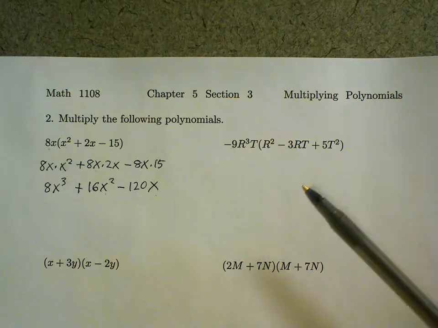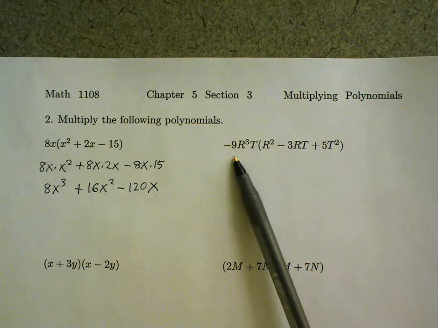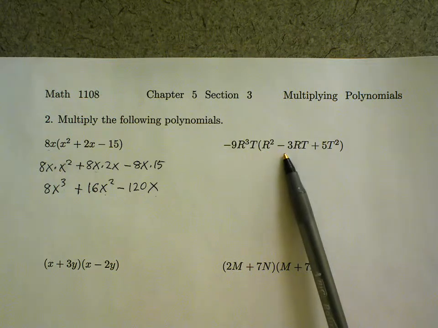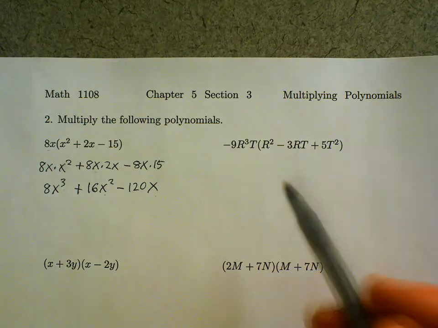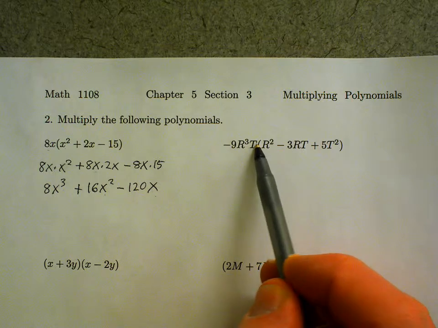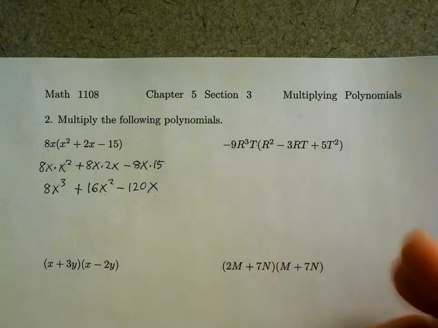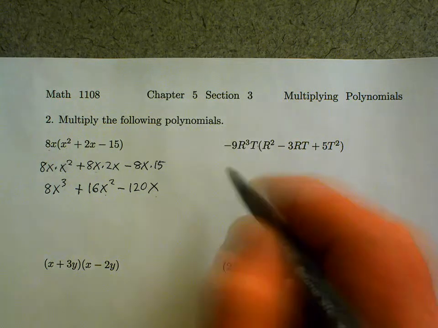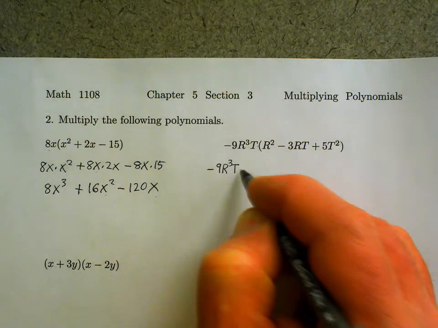In the next example, this time we have negative 9r to the third t times the quantity r to the second minus 3rt plus 5t to the second. Okay, so we're going to distribute multiplication over subtraction and addition. So first multiply negative 9r to the third t times r to the second.